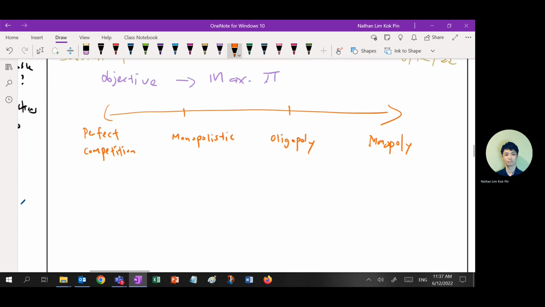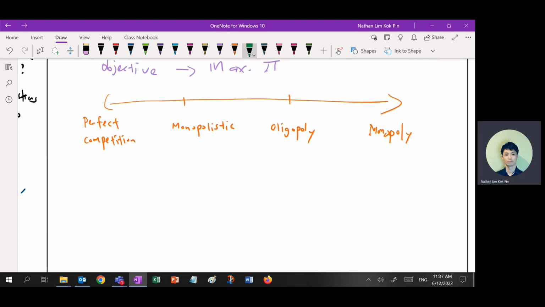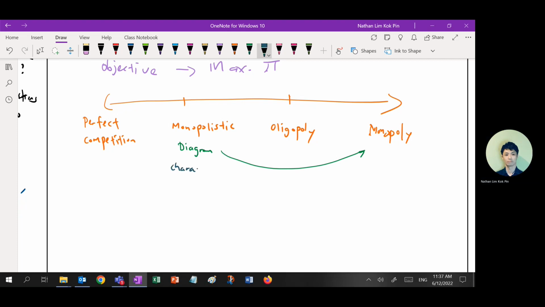Monopolistic is the most confusing one, because the monopolistic diagram is closer to monopoly, but the characteristics are closer to perfect competition. That's why the name also looks like monopoly, but the characteristics, you can see I put closer to perfect competition.